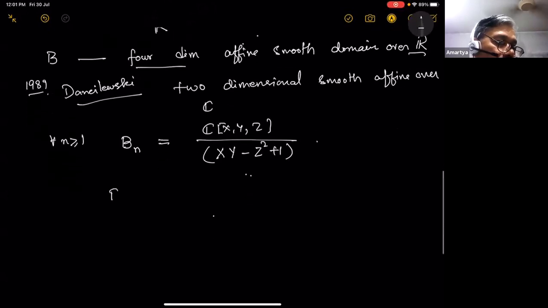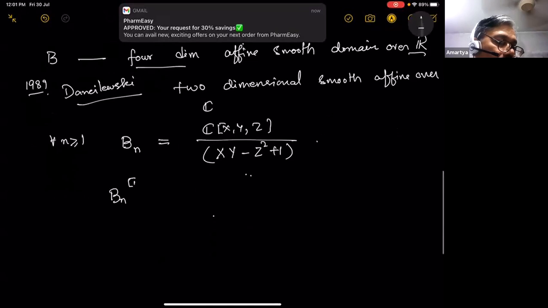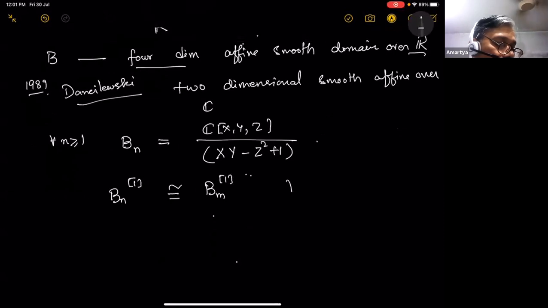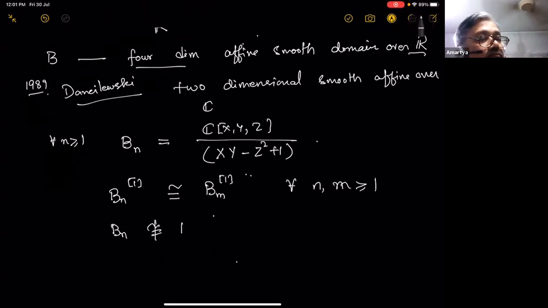then one can show that if you adjoin one variable to B_n, then that is isomorphic to B_m for all n and m greater than or equal to 1. And B_n is not isomorphic to B_m if n is not equal to m.